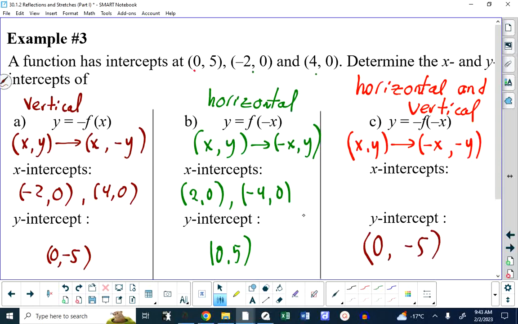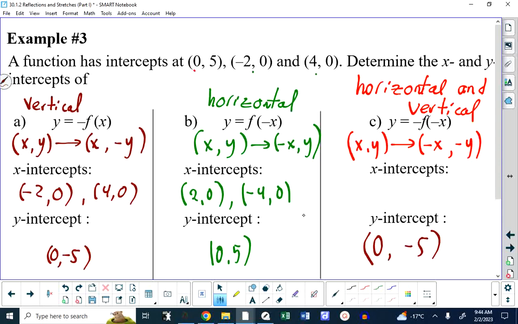The reason why the x-coordinate didn't change is the only thing that can change the x-coordinate in this example is anything that's horizontal, but it's invariant horizontally.